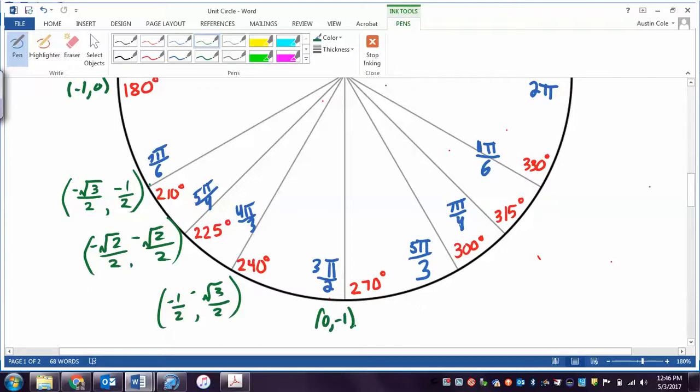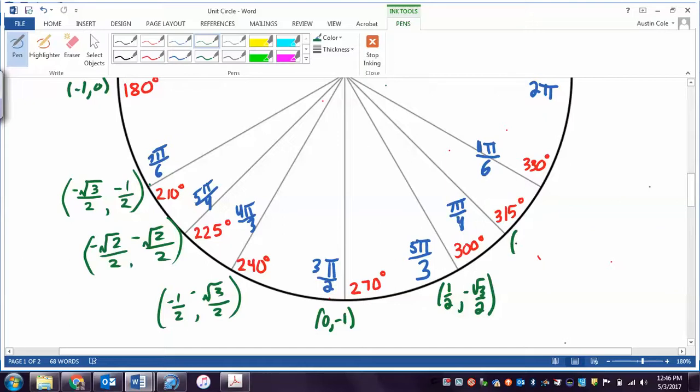Okay. 5 pi over 3. Anytime we have one of our radians over 3, we're talking about a 60-degree angle, right? 60-degree reference angle. So that's good. Our 60 degree, does the half come first or does the square root of 3 over 2 come first? The half, right? So this is going to be 1/2, square root of 3 over 2. And which one's negative? Square root of 3 over 2.